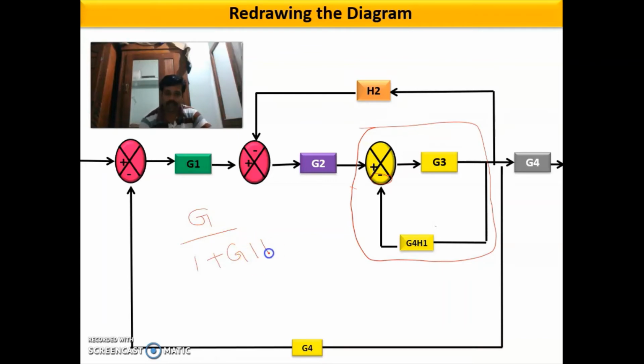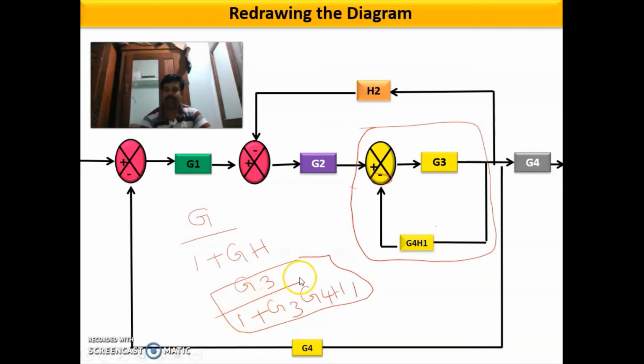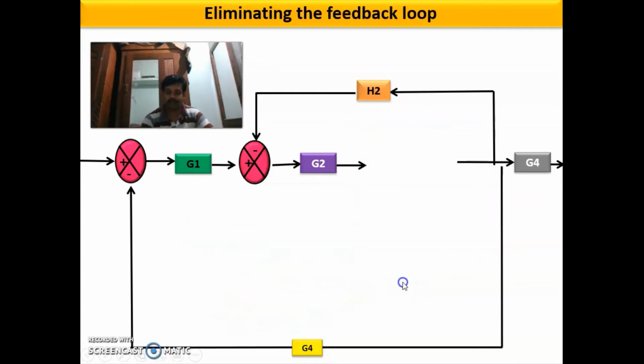Here in the place of G you have G3, and in the place of H you have G4 H1. So instead of that feedback loop, you will replace it by a single block whose transfer function is G3 divided by 1 plus G3 G4 H1.